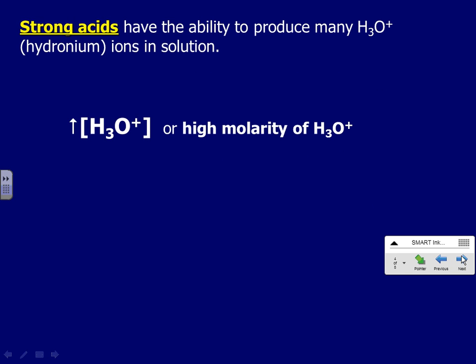Same thing for the acids, except now we're talking about H3O pluses. How good is the substance at producing H3O pluses?